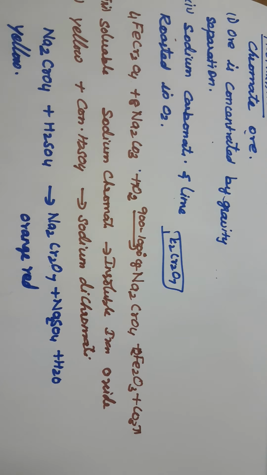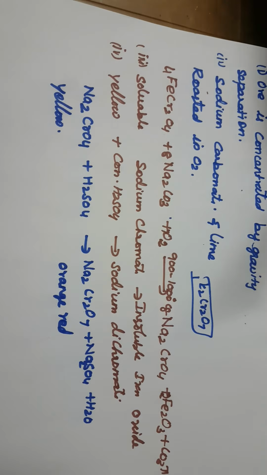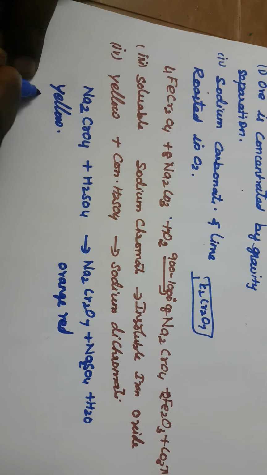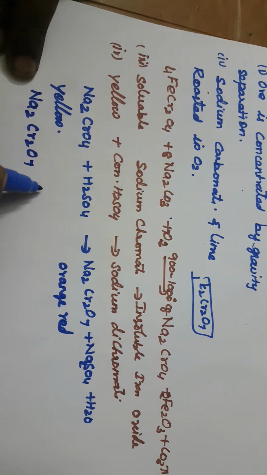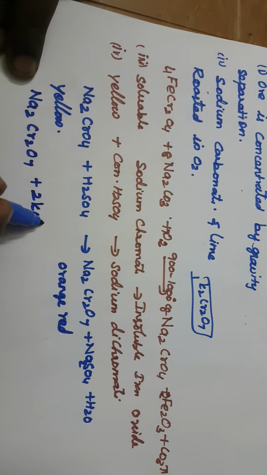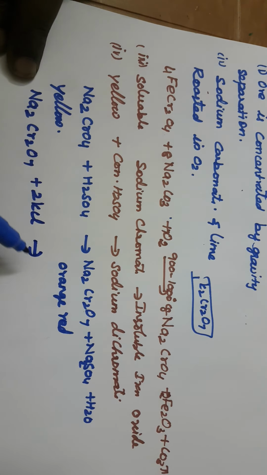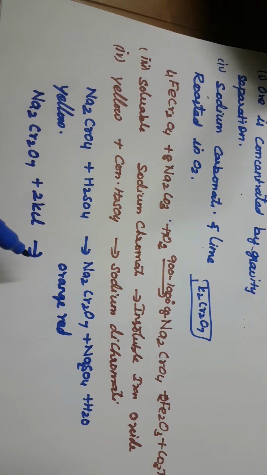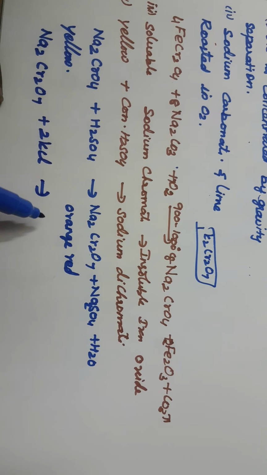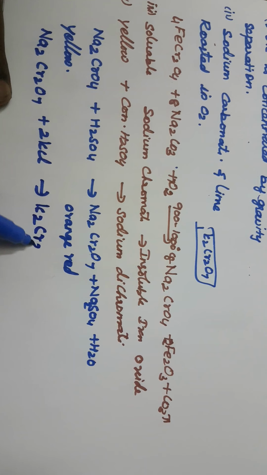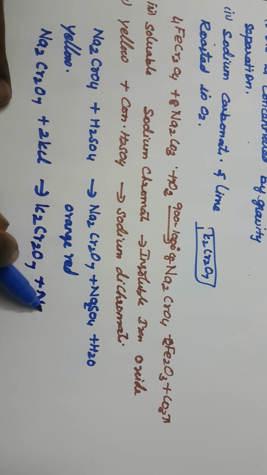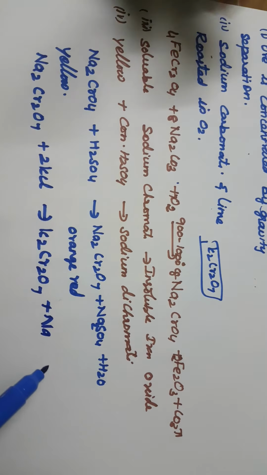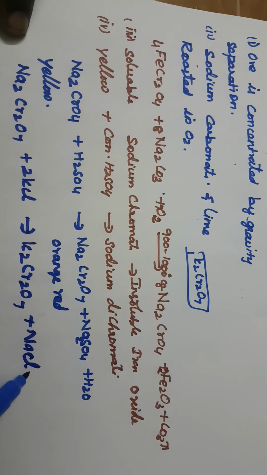So the next equation: sodium dichromate, Na2Cr2O7, reacts with potassium chloride and is converted into potassium dichromate, K2Cr2O7, plus NaCl, sodium chloride.